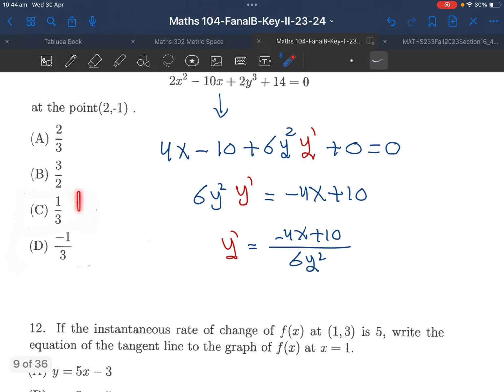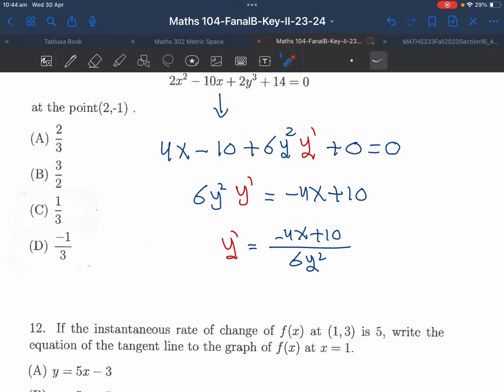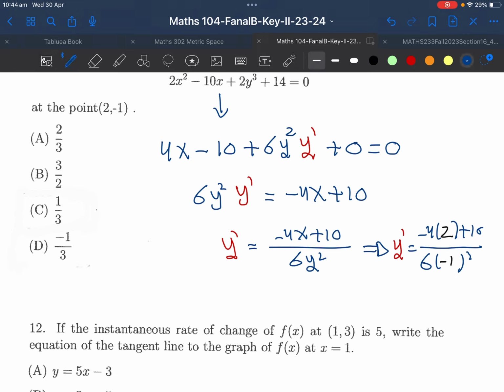Now, none of these answers here is this one. Why? Because he gave me the values for x and y to substitute. So what you need to do next, remove every x and write 2 instead of x, and for the y, I will write minus 1.